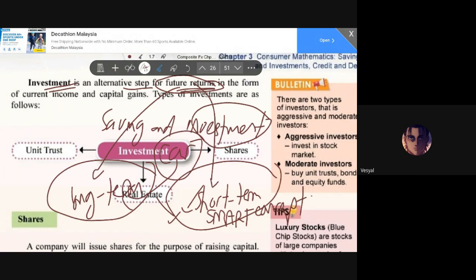Or let's say, what's a short-term goal? Can anyone give an example of a short-term goal? Something quite achievable in a short period of time. Don't say you want to buy an iPhone, huh? Anyone can think of a short-term goal?